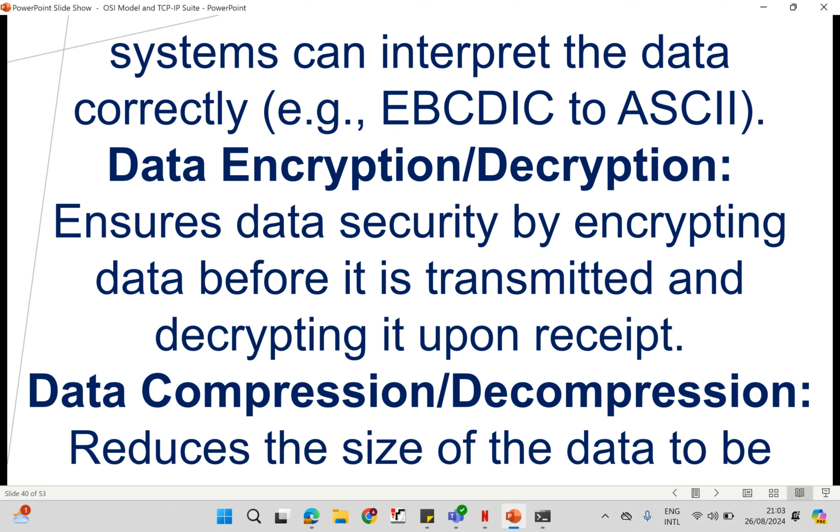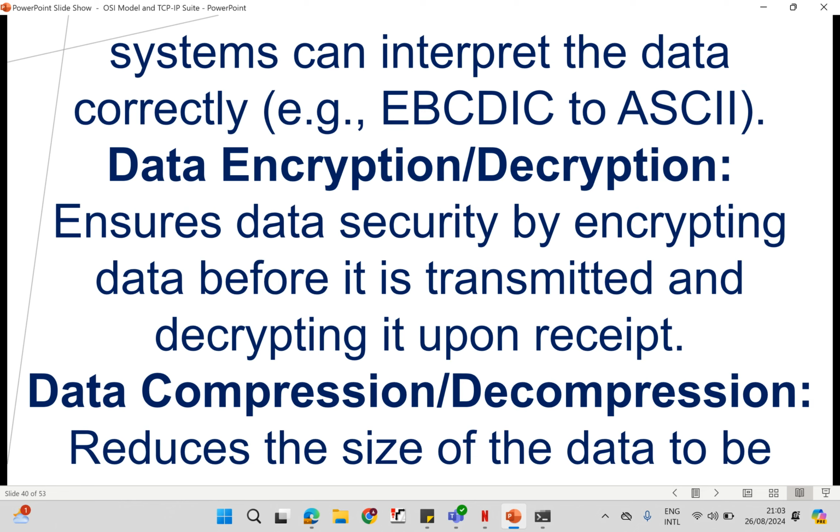Data encryption and decryption. So it ensures data security by encrypting data before it is transmitted and decrypting it upon receipt. So it is layer 6 that ensures our data is encrypted when it's leaving the source and is decrypted at the destination.